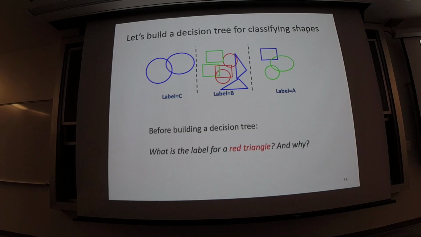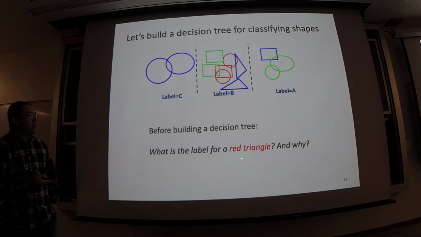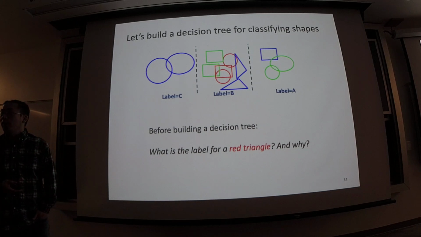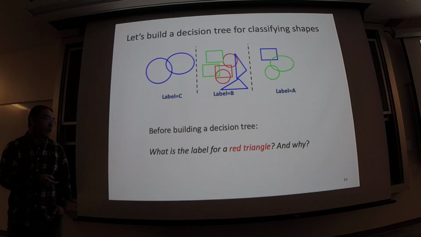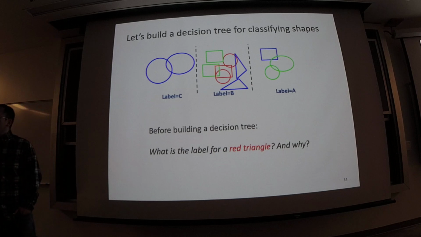Before we build a decision tree, can anybody tell me what the label is for a red triangle? A red triangle does not appear in the training set. But if I give you a red triangle, can you tell me which label you're willing to assign? B. Why B? Because it's the only label that has that color.